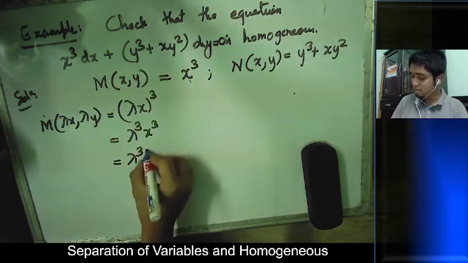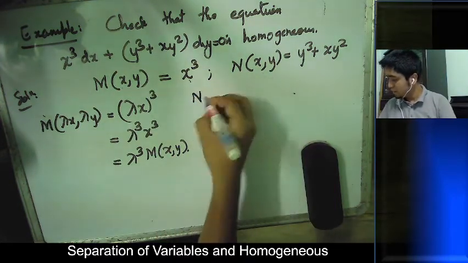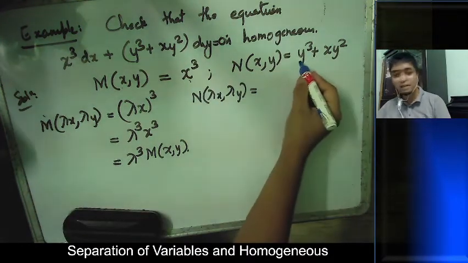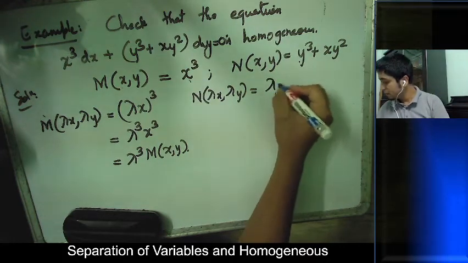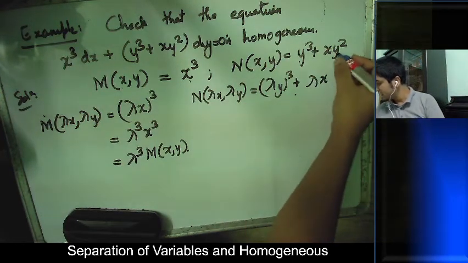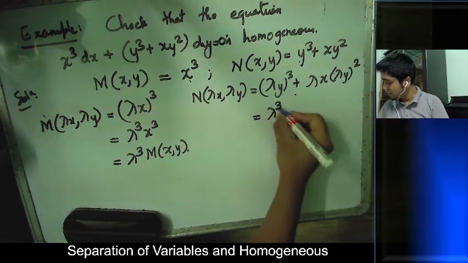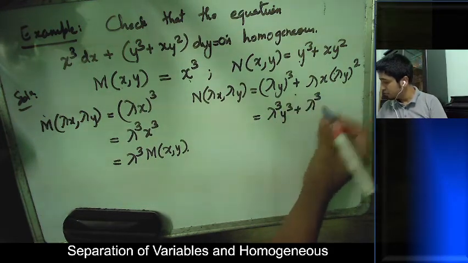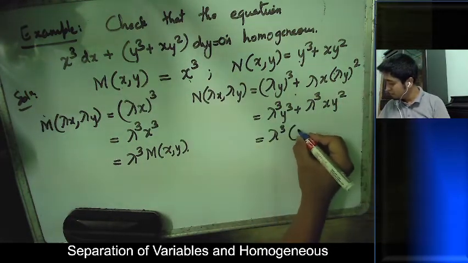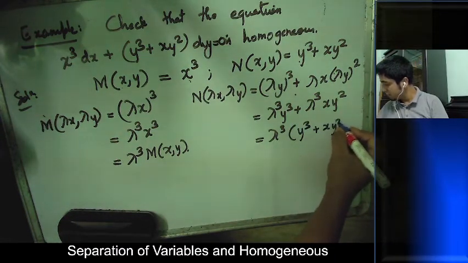But x cubed is M(x, y). Similarly here, let us replace x with λx and y with λy. So we'll be getting λ cubed y cubed. Again here we'll be getting λ cubed x y squared. We can take common λ cubed: y cubed plus x y squared.